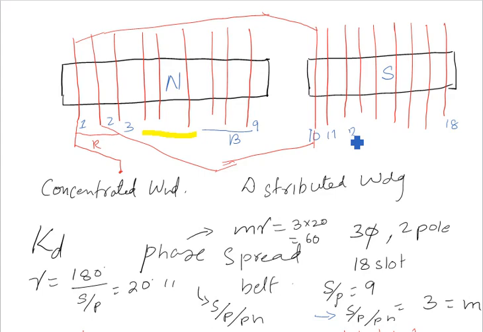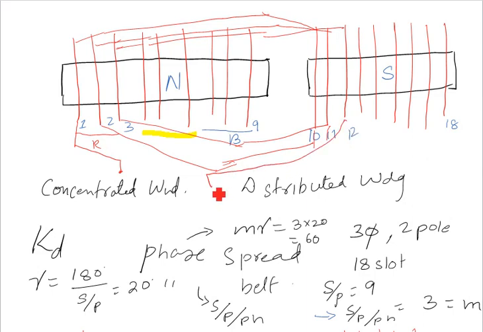Now it goes to 2, and from 2 again we take out the output and put it to 11. From 11 we take out and put it to 3. From 3 again I take it out and put it to 12, and from 12 we take it out.